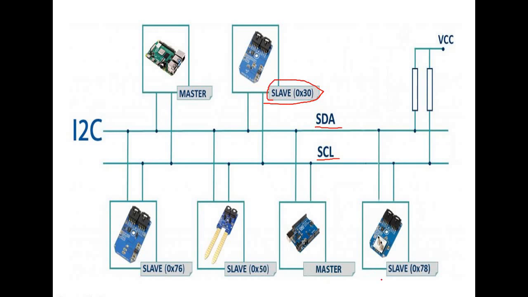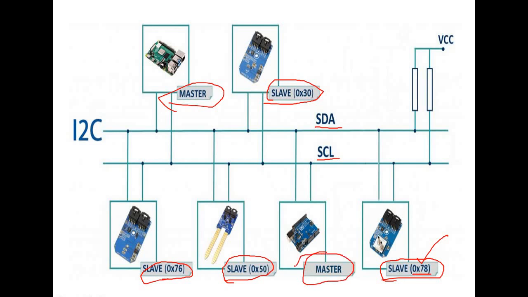Each slave has a 7-bit address. See here, 0x78 in hexadecimal format. This is the 7-bit address given to the slave. Similarly, every slave has a 7-bit address. And there are two masters here. This is a master and this is another master. He is using a Raspberry Pi and an Arduino board as masters here.